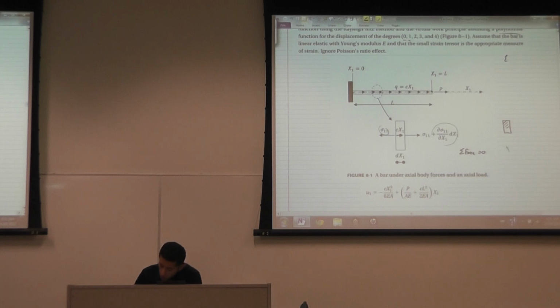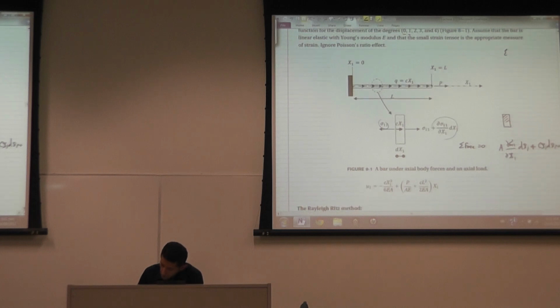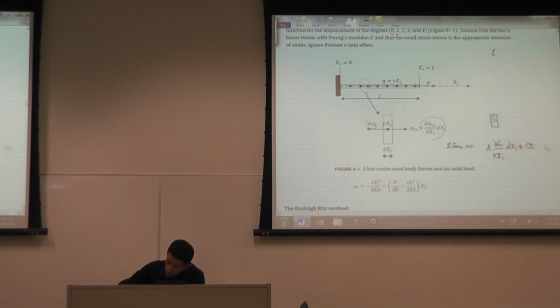So partial sigma 11 by partial x1 dx1 multiplied by the area plus c x1 dx1 equals 0. This is what we did last time. And replace sigma 11 with E epsilon 11, which is E du1 by dx1.